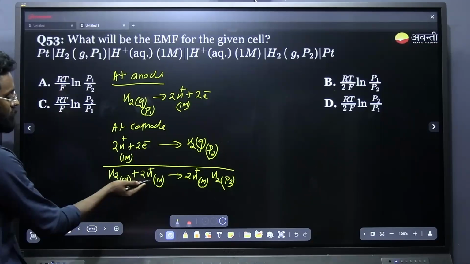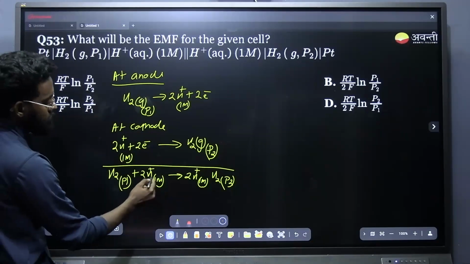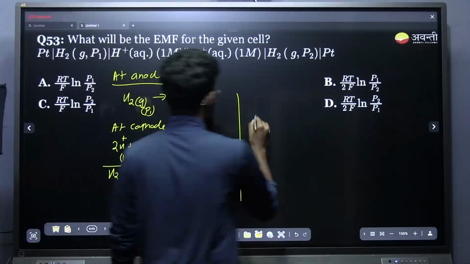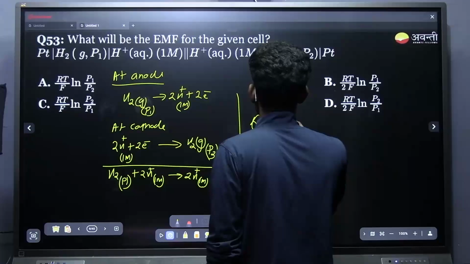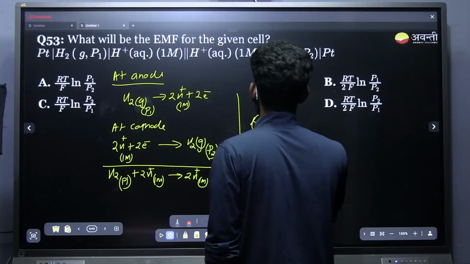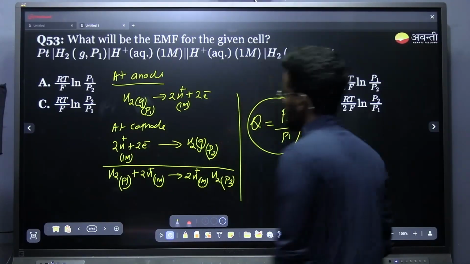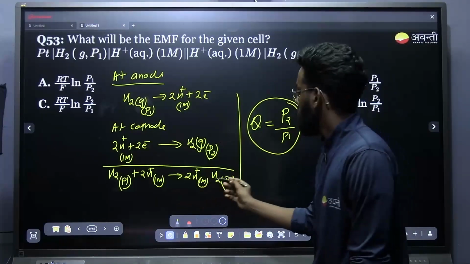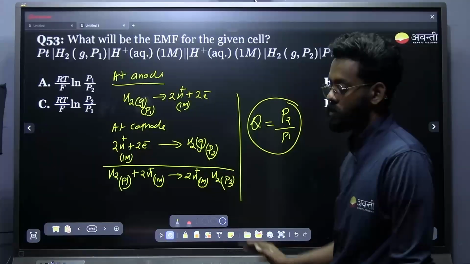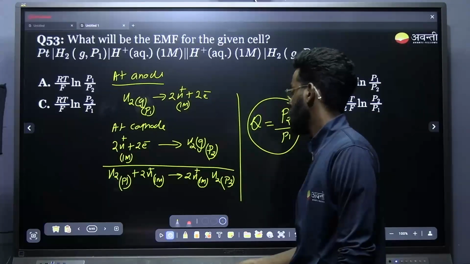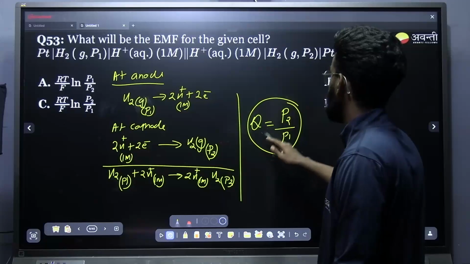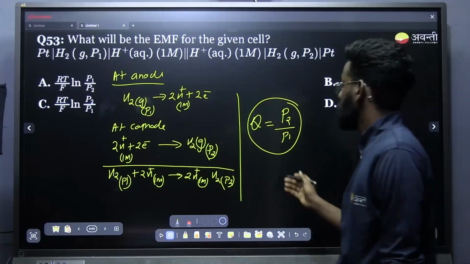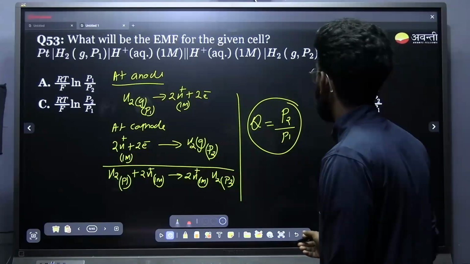Now you can see the concentration of H plus is the same on the left and right side, so we can cancel it. Q value will be equal to P2 divided by P1, because hydrogen is only having a difference in the pressure, remaining everything is having the same concentration. So the Q value is the concentration of the product divided by the concentration of the reactant raised to the power of their stoichiometric coefficient. I got the Q value.